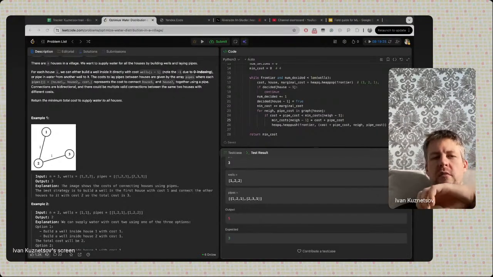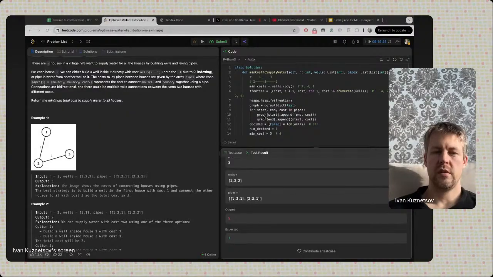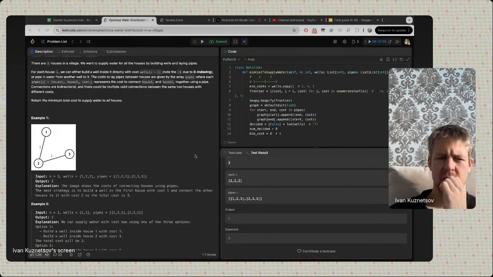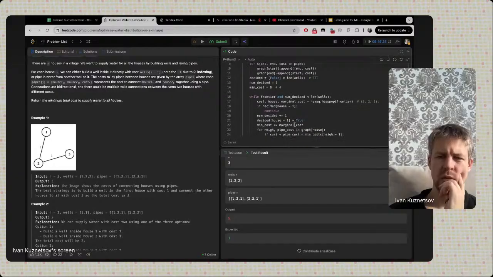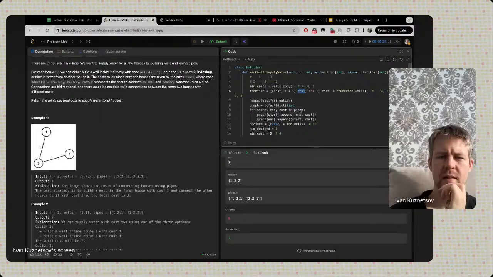So we also need to get elements on the top with a smaller marginal cost, and we are adding to the top with a smaller house number. Yeah, essentially. The house numbers will be equal in this case. This is interesting. I think it should be correct, but it's not.